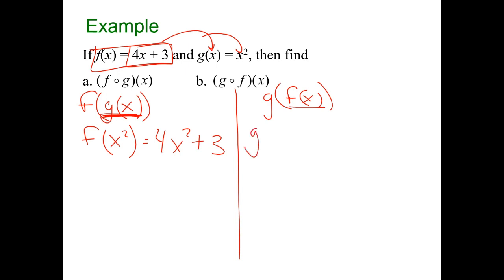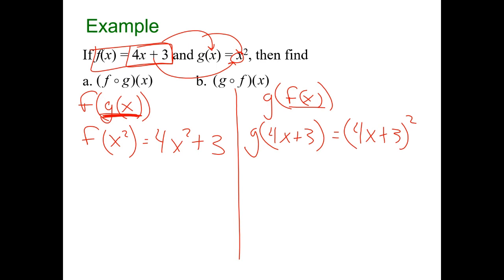So g of 4x plus 3, and I'm replacing x, not x squared, I'm replacing x with 4x plus 3. X was replaced with 4x plus 3.